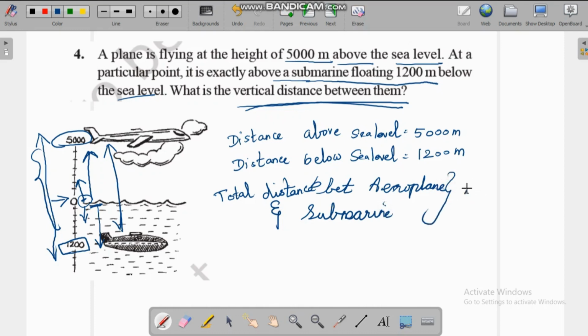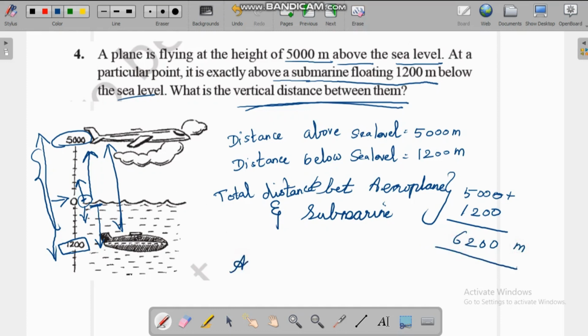That is 5,000 plus 1,200. So the total distance is 6,200 meters.